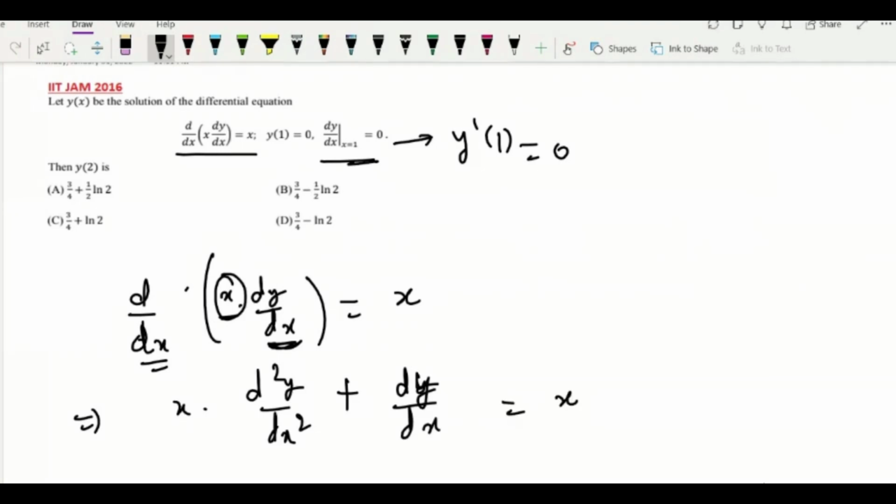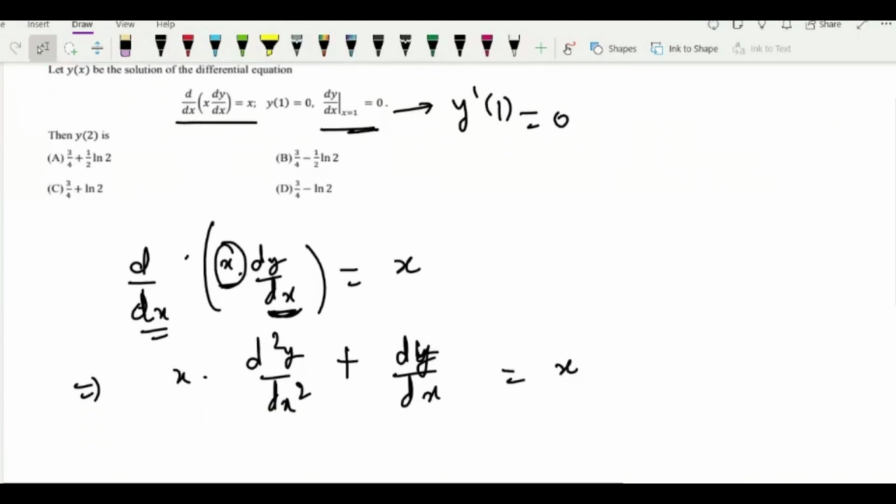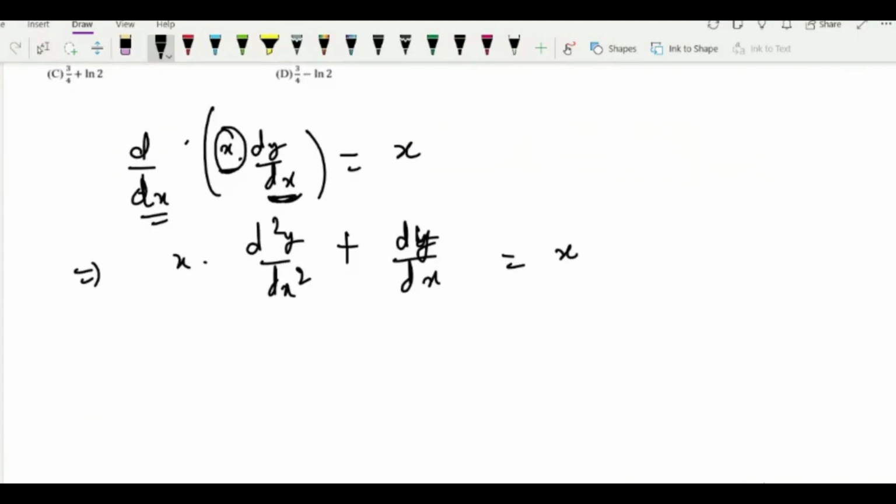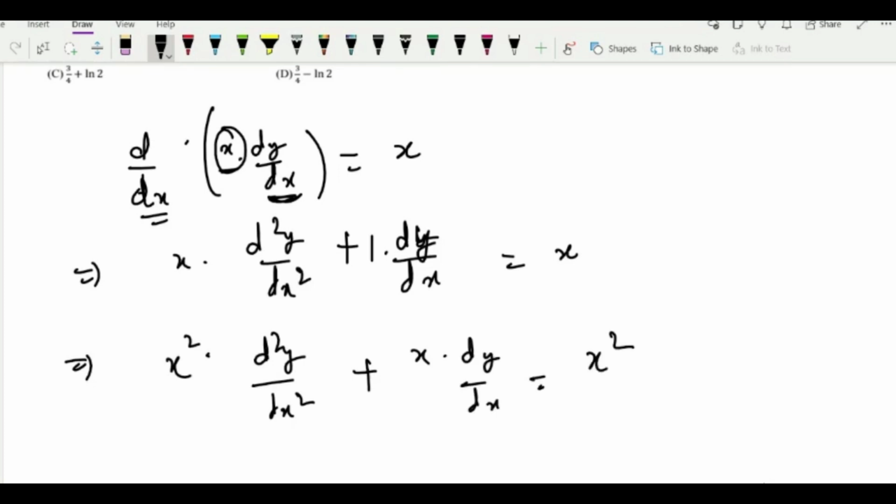Now here we have the equation x into d2y by dx square plus 1 into dy by dx is equal to x. Till now, this equation is not a constant coefficient equation, also not a Cauchy-Euler equation. But when we multiply the whole equation by x, it becomes x square d2y by dx square plus x into dy by dx is equal to x square.